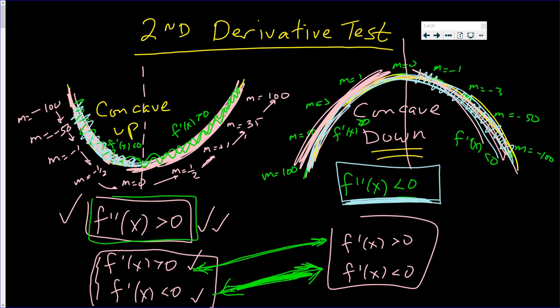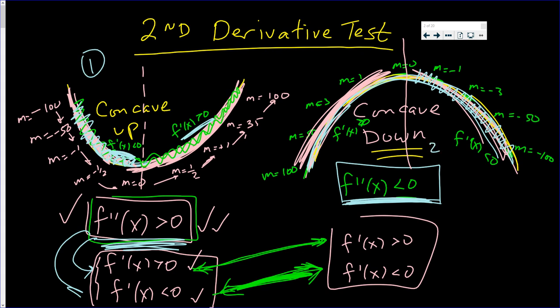And if you know the concavity is positive, the first derivative can be positive or negative. We have a concave up picture here, and part of it has the first derivative positive, and part of it has the first derivative negative.